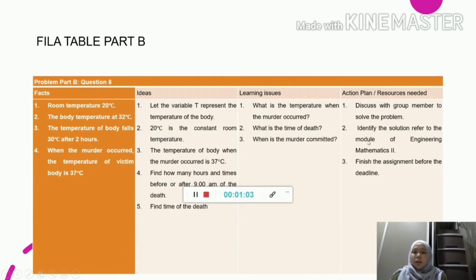Number 2, identify the solution, referring to the module of Engineering Mathematics 2, to find the formula and know the steps of calculation. Number 3, finish the assignment before the deadline. So we got to improve our mathematics problem solving.